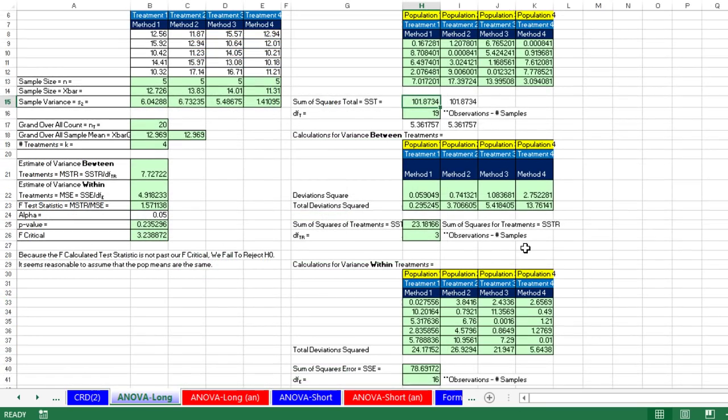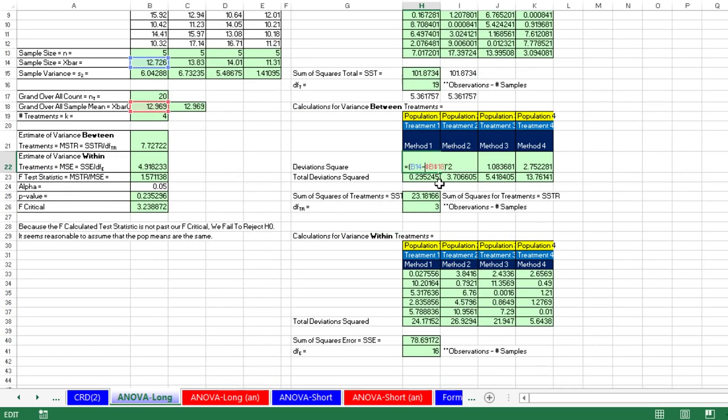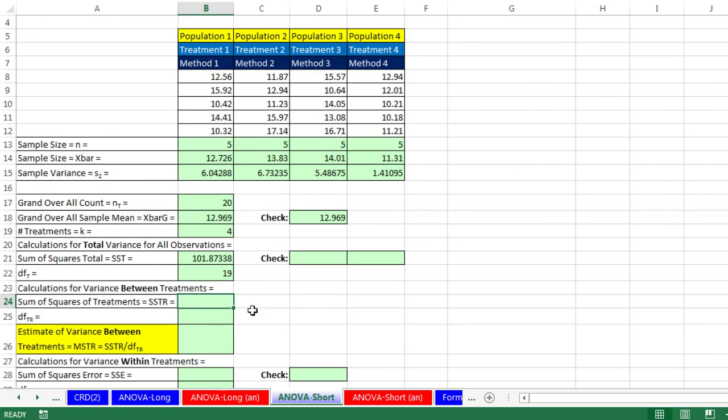Instead of doing it in our 2 steps and multiplying it by the 5s, we can do it all in one cell to get that number. SUMPRODUCT comes to our rescue in 2 ways. It will understand our array calculation when I say, give me all the means, and I'm going to subtract the grand overall mean, close parentheses, and caret 2.